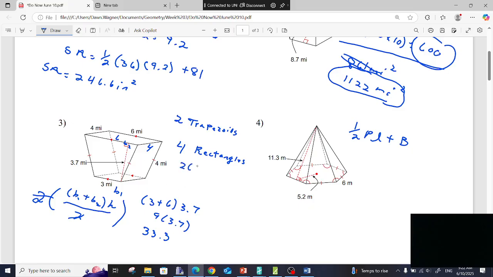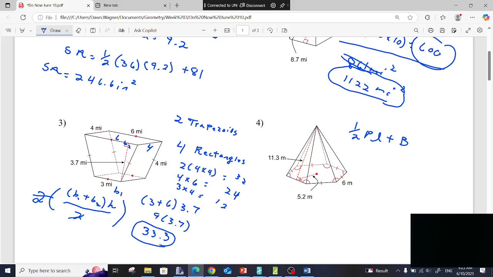You have one 4 by 6, which is this top one. And then this bottom one would be a 3 by 4. So 4 times 4 is 16, times 2 is 32, 24, and 12. And you have to add all four of these numbers together.